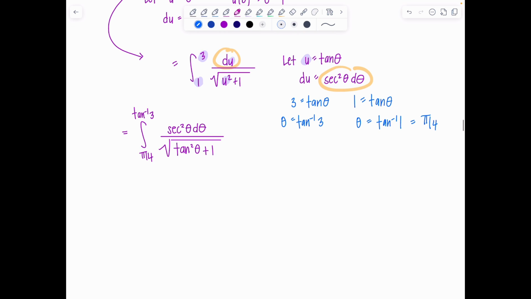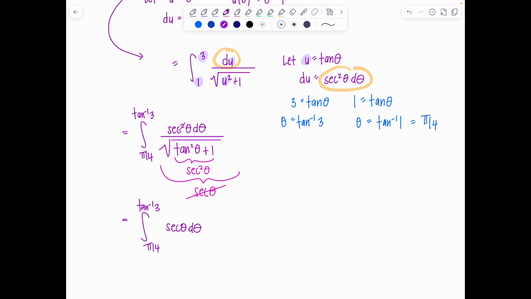Okay, and then anytime you do trig sub, use your Pythagorean identity. So this is secant squared theta. And then we have square root of secant squared theta, which is secant theta. Technically, it's absolute value of secant theta, but we restrict theta. It's positive here on this interval. So if all of that is secant theta, it's going to cancel with one of the secants up top. And then now we just have the integral from pi over 4 to tan inverse of 3 of secant theta d theta.